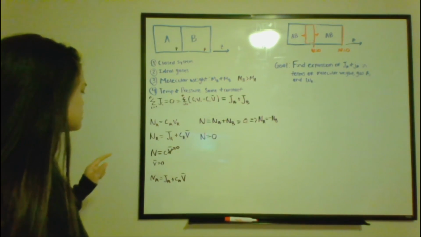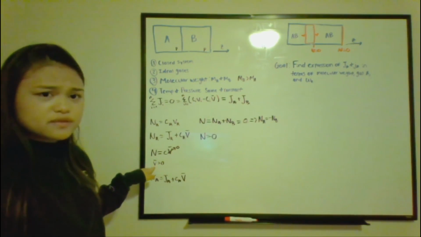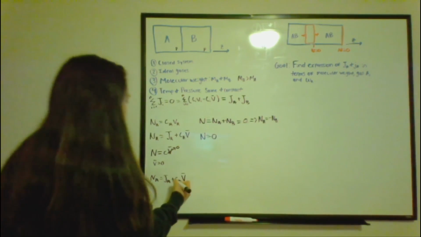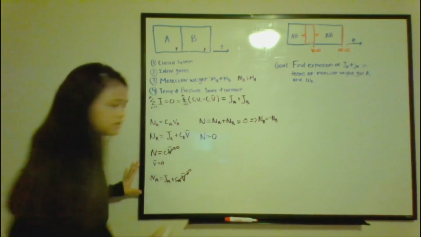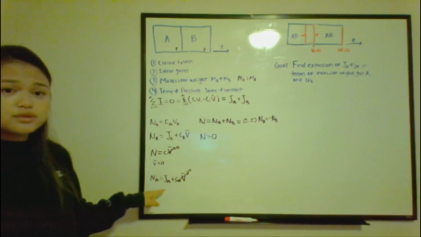So if the net molar average velocity is going to be 0, well, that gets rid of this. That simplifies things.